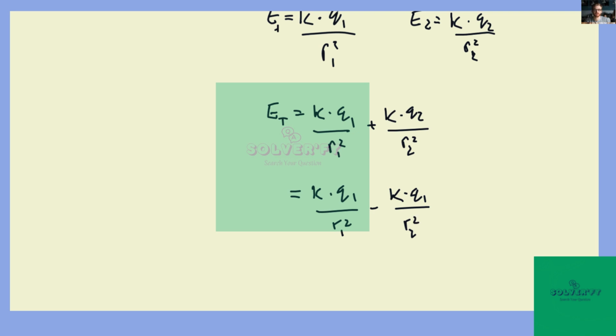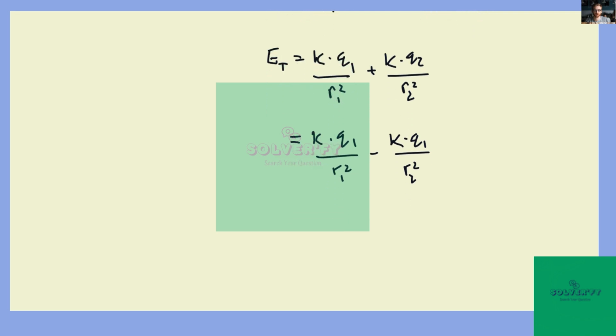Well, when will this equation equal 0? When will K times Q1 over R1 squared minus K times Q1 over R2 squared equal 0? Well, we can factor something out here. We factor out the K times Q1. We're left with 1 over R1 squared minus 1 over R2 squared.